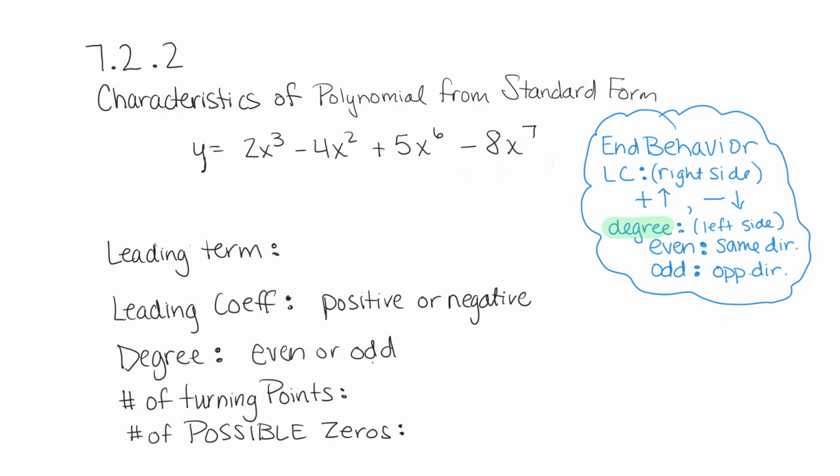So when you're looking at a standard form, you're trying to look at the highest exponent. So that's what degree means. The degree of the function is found by just looking at the highest exponent. And that highest exponent, if it's even, then the ends are going to go in the same direction.